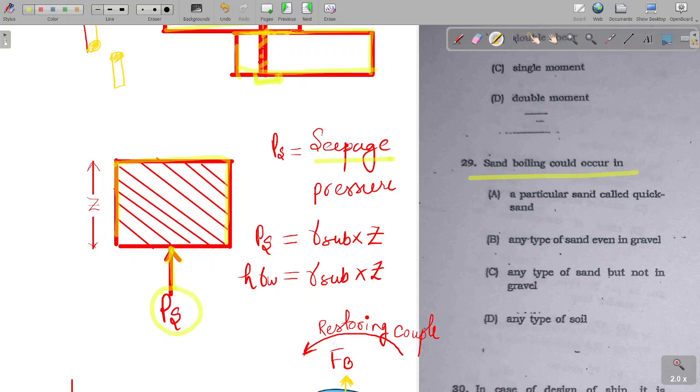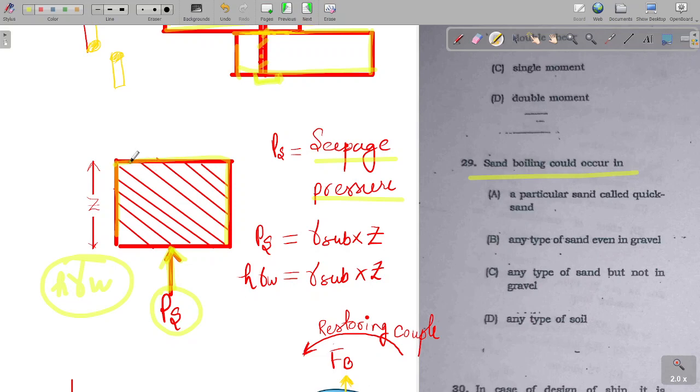The seepage pressure acts because of the head of water. The head of water is H, so the seepage pressure will be H gamma W.